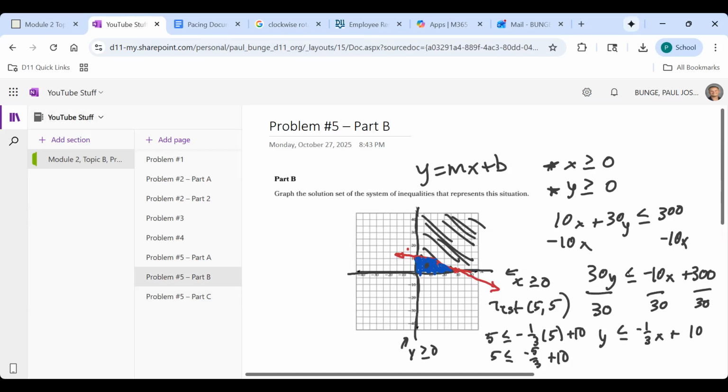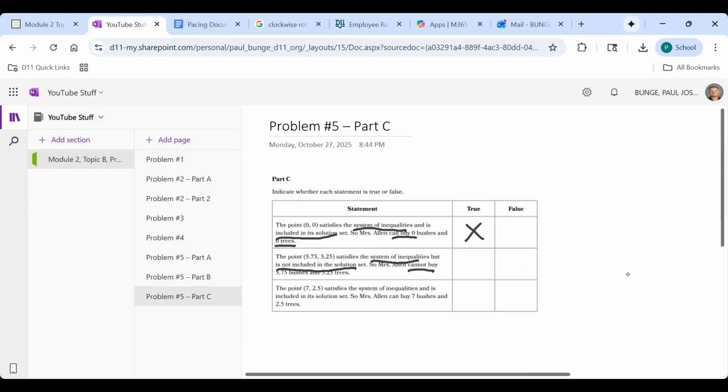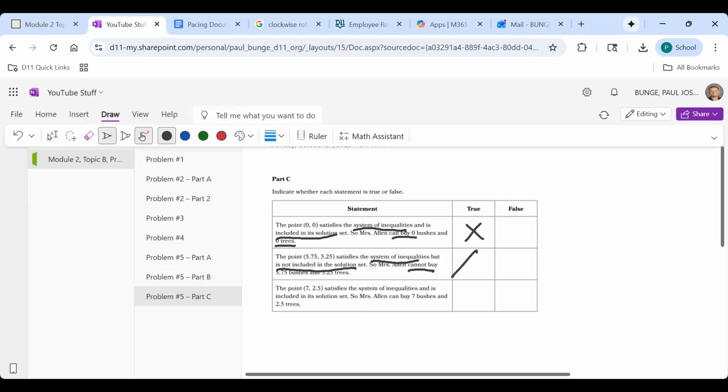So is it a part of the solution set? Yes. But since we're applying it to trees, she cannot buy 3/4 of a bush and 1/4 of a tree. So since this says that it is part of our solution set, but that she can't do it, it makes it a true statement.